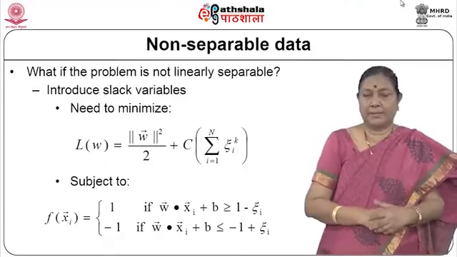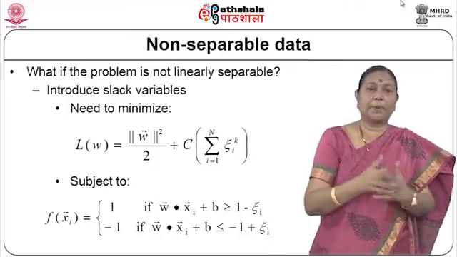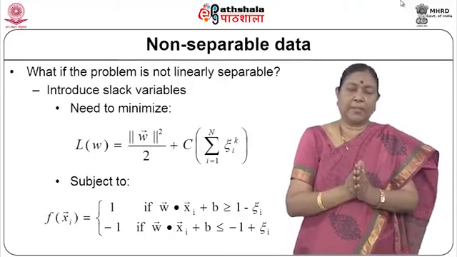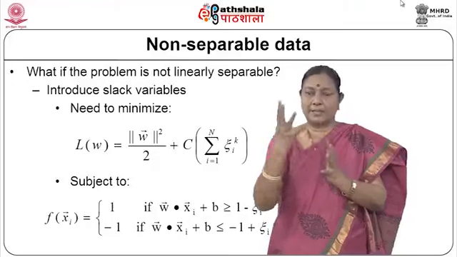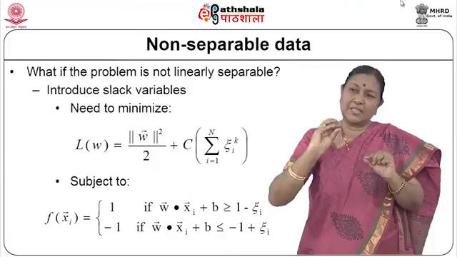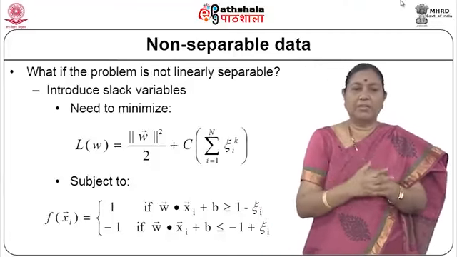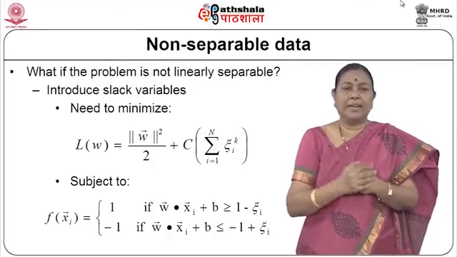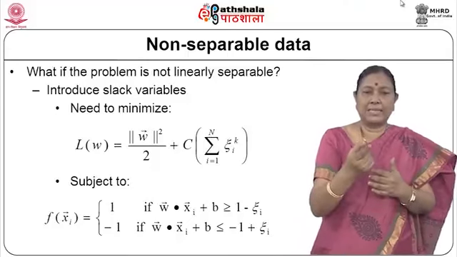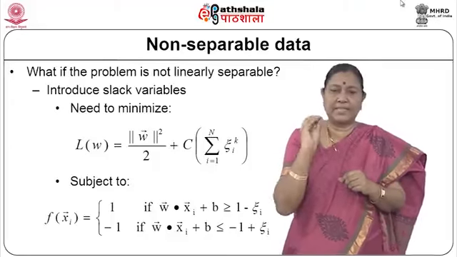So, a slightly different look at that. Now let us go back to the non-separable data, or the soft margin. What if the problem is not linearly separable, that is, it is separated by a circle or whatever. One method, if it has just noisy points somewhere, not too many differences, is to introduce the slack variables that we saw, and we have to minimize this function, where we are more bothered about C and the eta function, which is the slack variable.